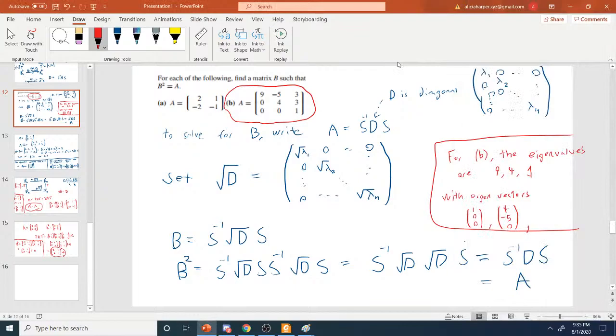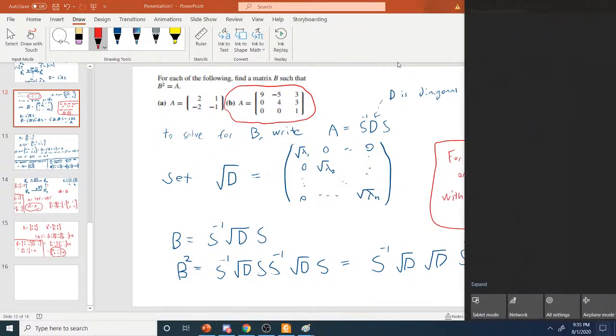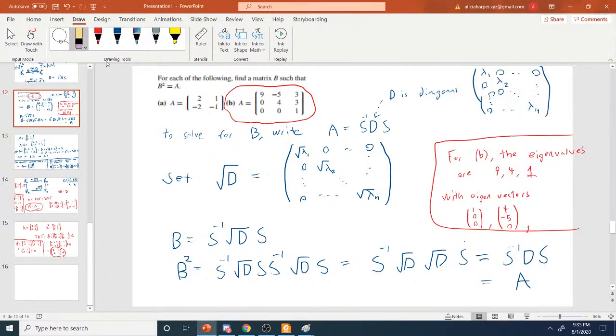In this case, 9, 4, 1. And you can then find the associated eigenvectors. In this case, it ends up being, this isn't right either. Now it's right. Wait, is it right?